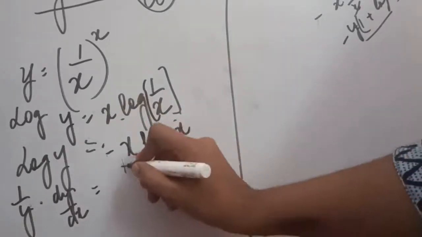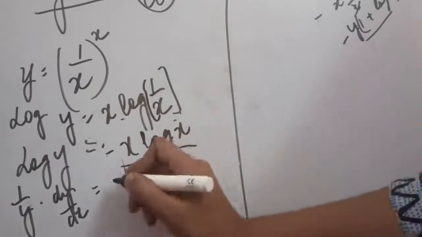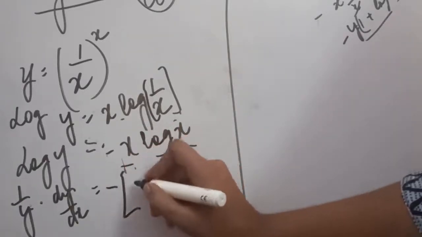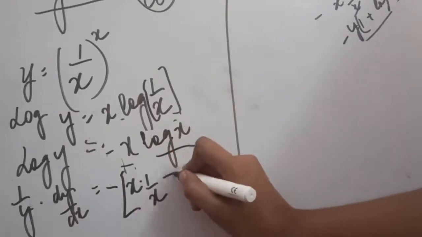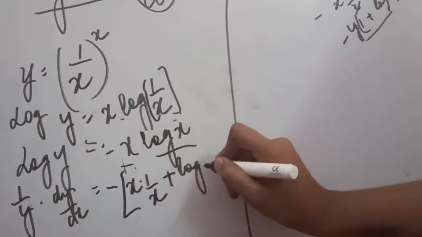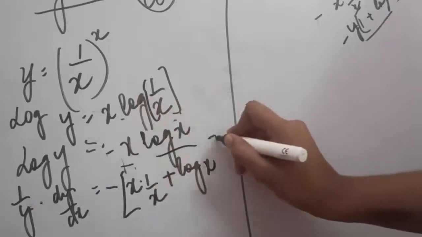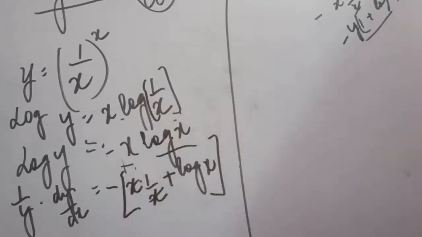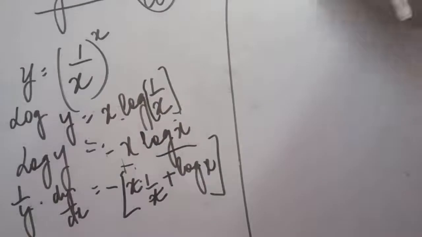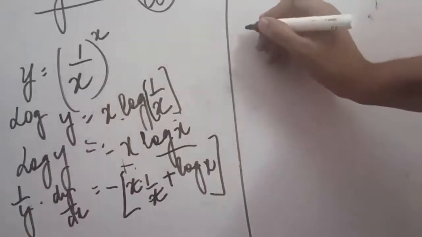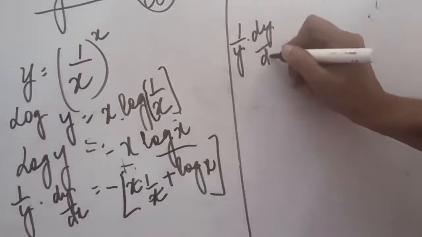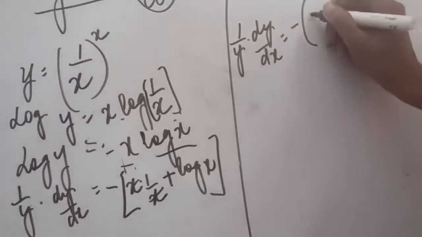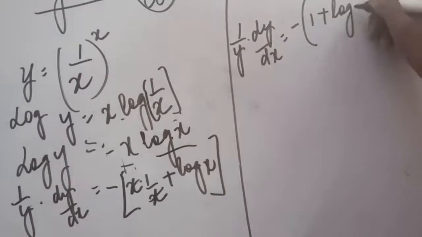Now the product rule will be applicable over here. So minus we can put outside, x into the differentiation of log x will be 1 upon x, plus log x, the differentiation of x will be 1. We need not write this, it will be cancelled. So now what we are left with, on the left hand side we have 1 upon y dy upon dx, and on the right hand side we have 1 plus log x, and outside we have the minus sign.